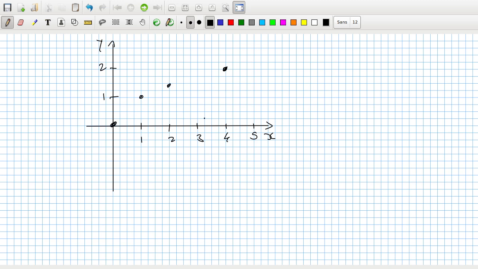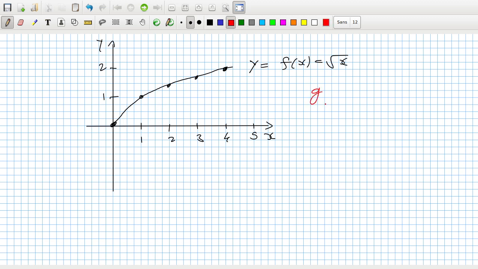Root 0 is 0. I'm not sure what root 3 is off the top of my head, but anyway, you get a shape like this. This is y equals f(x) equals root x. So let's do it in red.